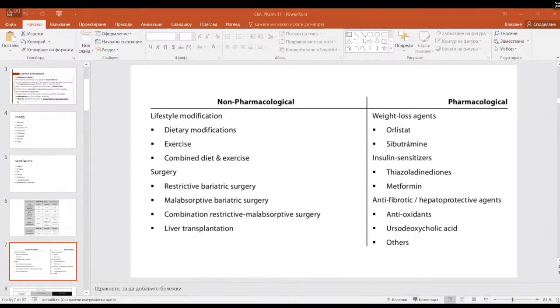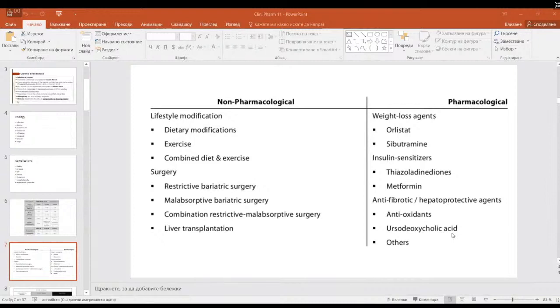Pharmacological options, we have weight-losing agents like orlistat, if you remember from third year, insulin sensitizers like metformin is the main insulin sensitizer, not so much thiazolidinediones. They are rarely used. Antifibrotic and hepatoprotective agents in this place. In the first place, we should mention ursodeoxycholic acid.